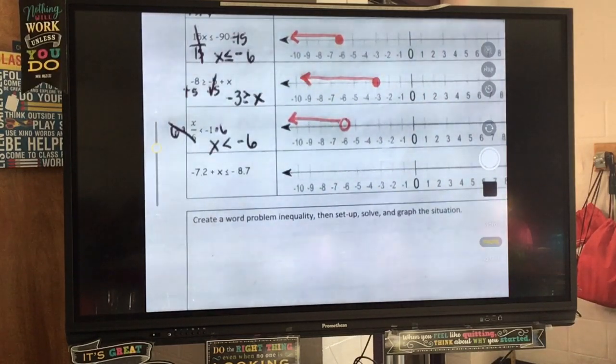It says -7 2/10 plus x is less than or equal to -8 7/10. So what do we have to do in order to get x by itself? What do we have to do here? Add 7 and 2/10.